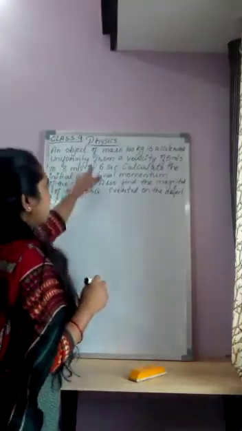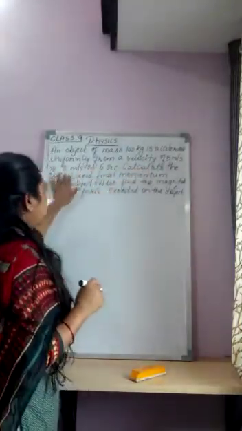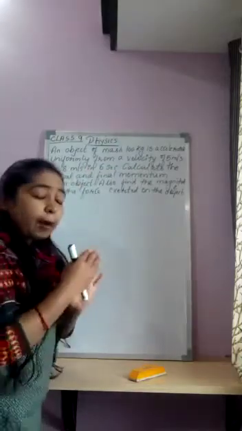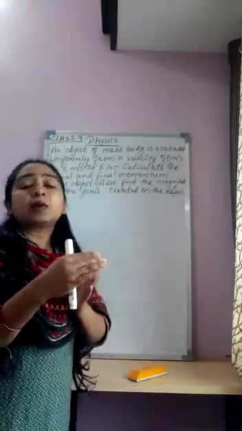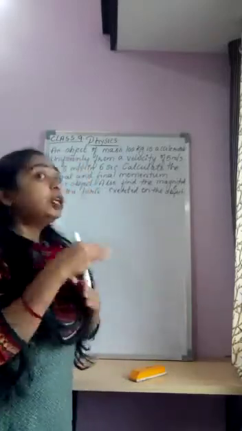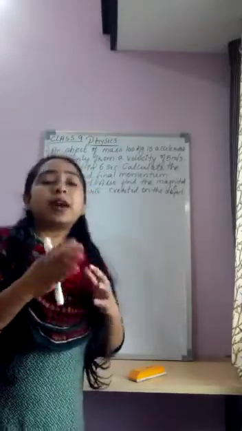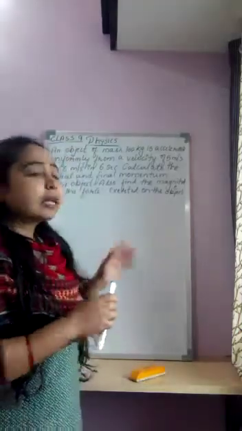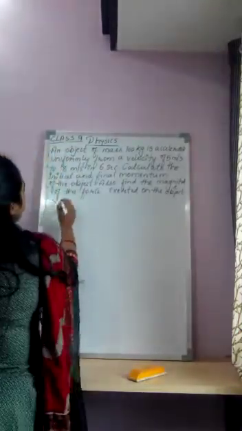Here we have two terms, from a velocity of 5 meter per second to 8 meter per second. From a velocity means it is starting velocity, from means it is 5 meter per second, initial velocity it is, and to 8 meter per second is nothing but final velocity. So now let us collect the data first. So what is given here?